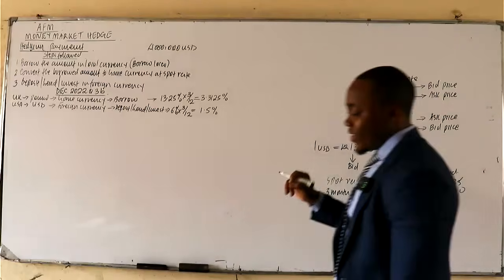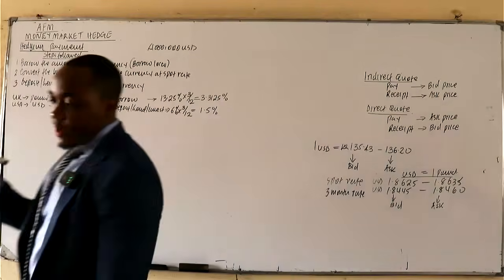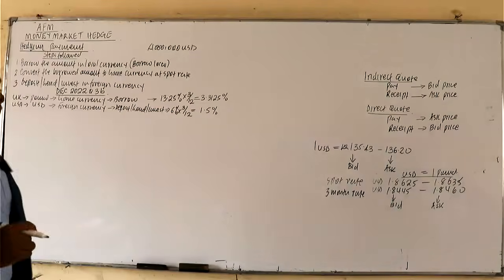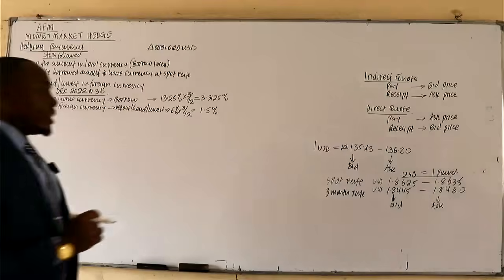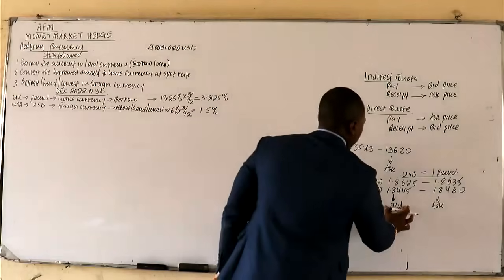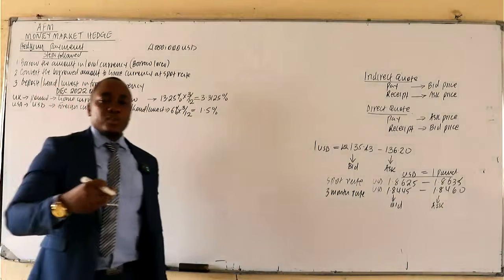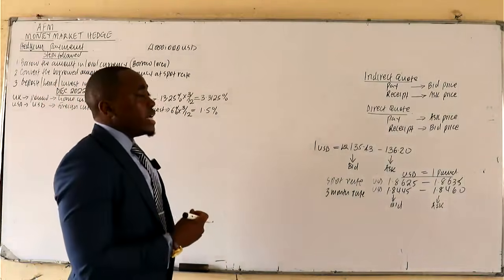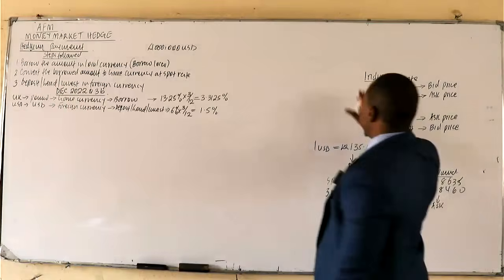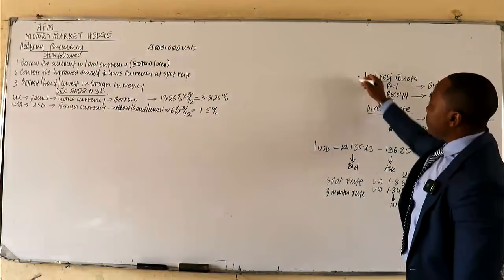So here now I want you to pay attention. How do you determine when to use bid and when to use ask? I have given you this concept here. Now, this one should be at your fingertips.